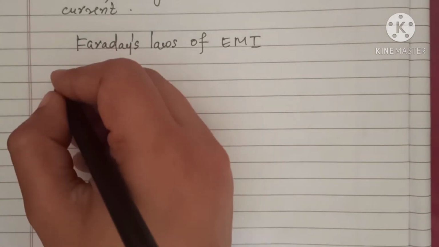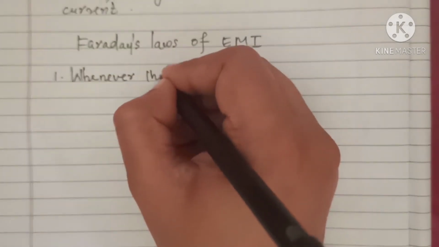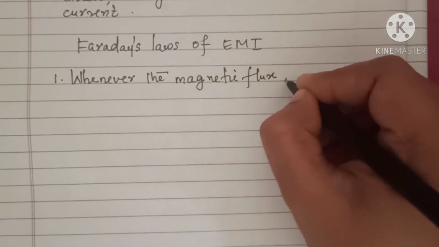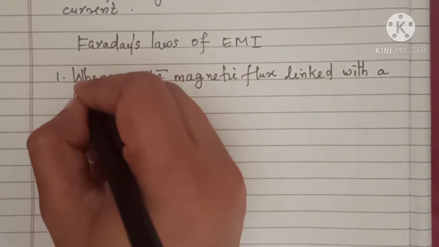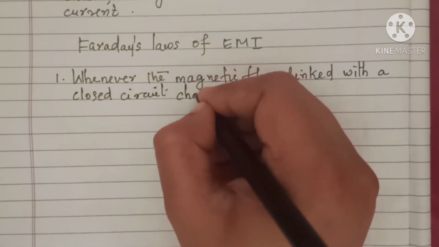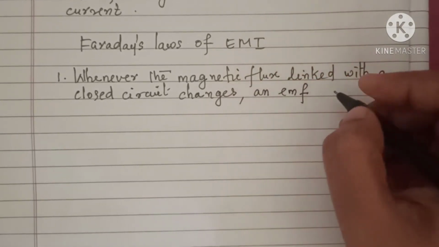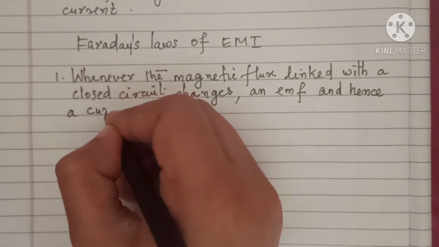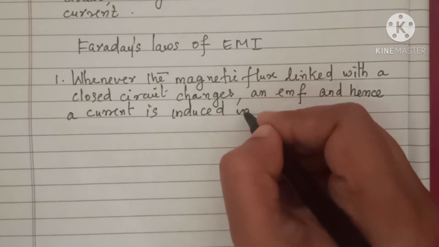The first one is, listen carefully, whenever the magnetic flux linked with a closed circuit changes, an EMF and hence a current is induced in it.